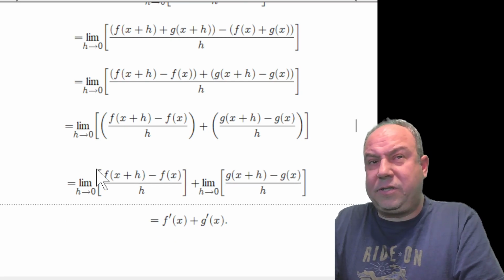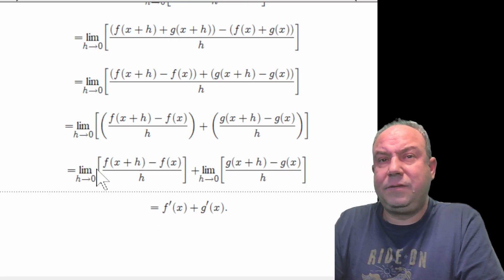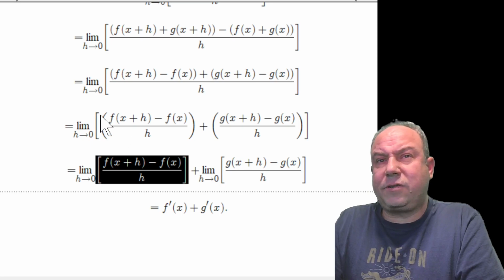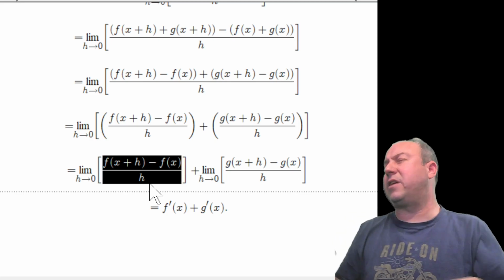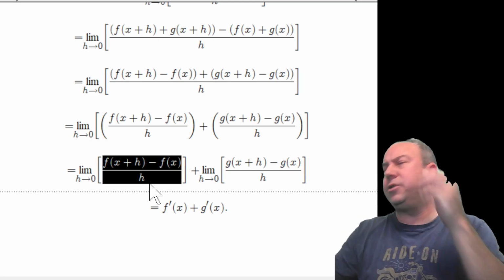So when it distributes itself to this first group, it's going to form the limit as h heads to 0 for f of x plus h minus f of x divided by h.